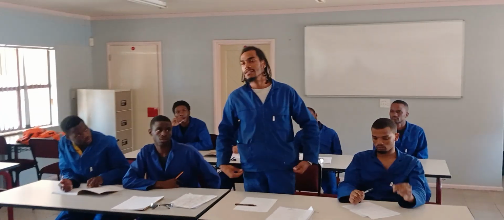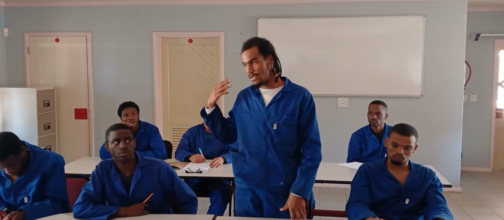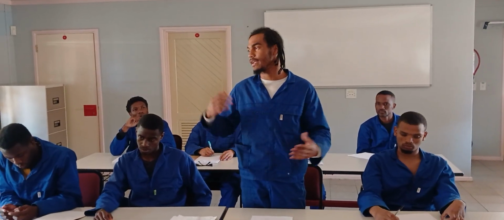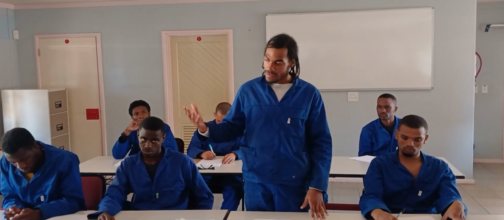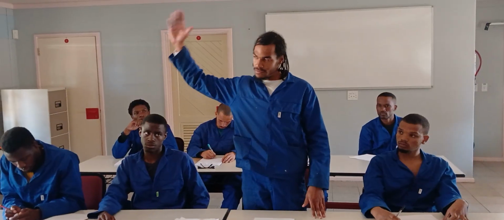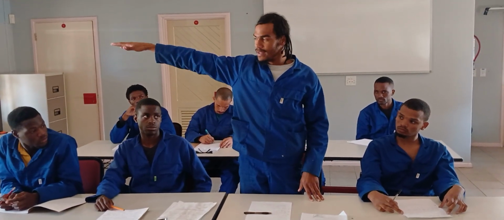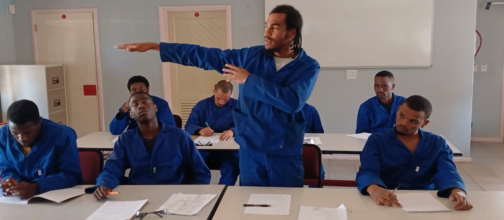Yes, miss. Also, just in case you know that your lights are not working, like your rear lights, when you go to drive for a license, they also teach you how to use your hands. If you want to turn left, you do this on the left side, and if you want to turn right, you do it like that.